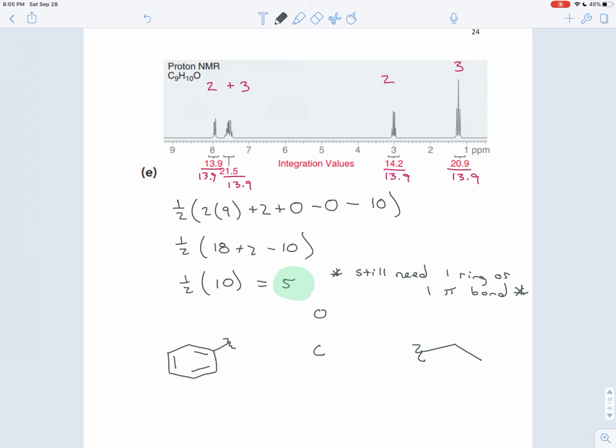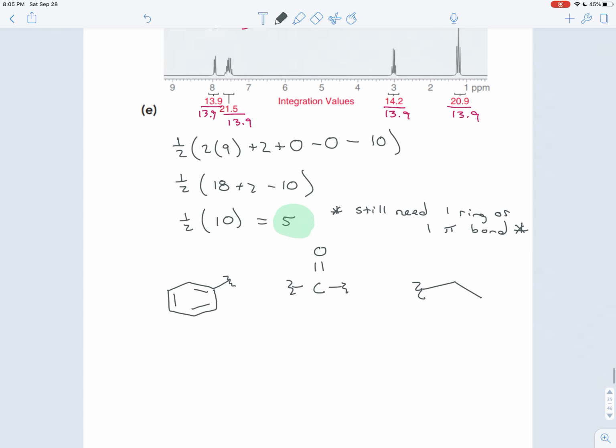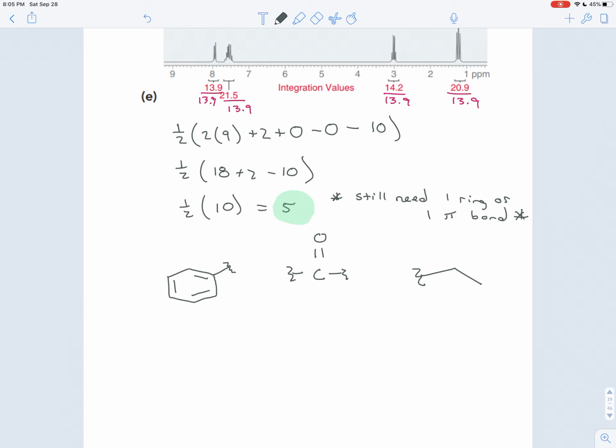Now, if these are our pieces, there's no way we can add a ring here. We would have to add a pi bond. We can't add a pi bond to either of the branches because it would change the splitting patterns. So the pi bond has to go between the carbon and the oxygen. And there's only one way to put those pieces together.